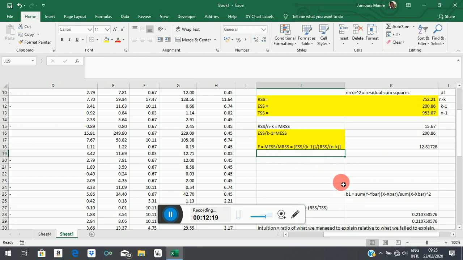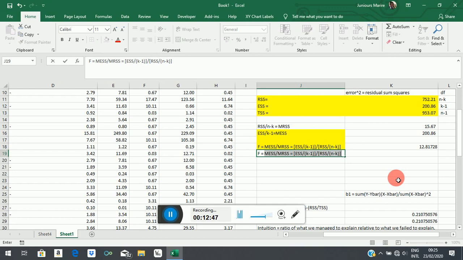Now, this F can also be estimated as, remember that by virtue of us having ESS there and our RSS there, we are involving the R squared.